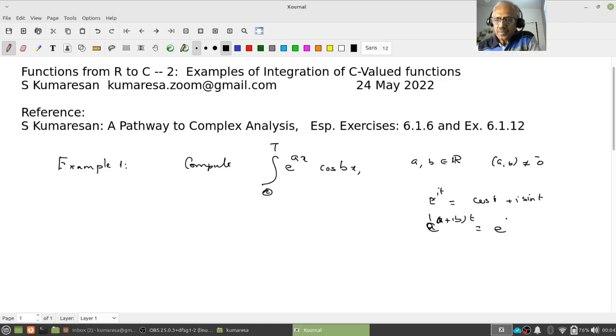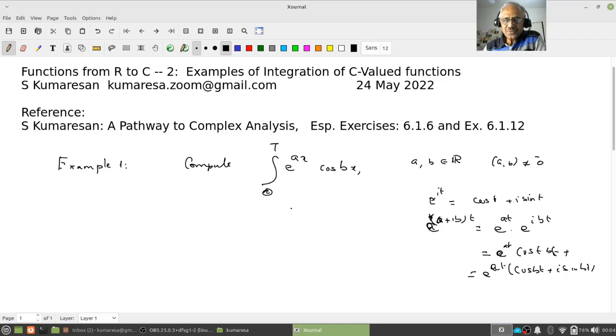It will be e^(at) times e^(ibt), which is e^(at)(cos bt plus i sin bt). Now do you see the trick? We are going to replace this by an integral of this form, the integral from 0 to T of e^(λx) dx, where λ is a plus ib.